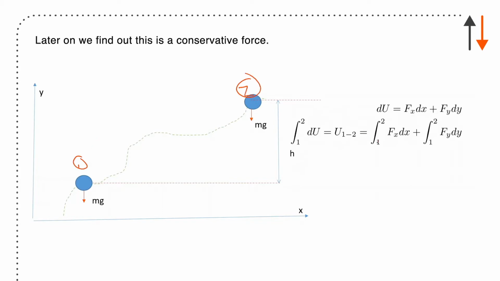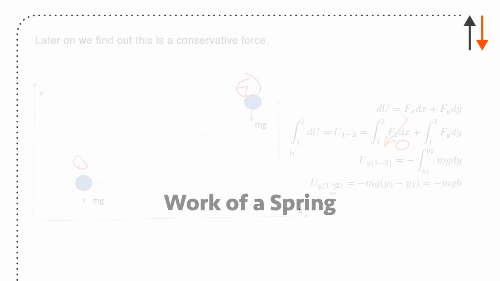And there, it's just going to be the component of force that's acting in the direction of motion, and that's going to be the vertical force. So work from gravitational forces moving from position 1 to 2 is minus mgh. So as it goes up, it gets negative work.